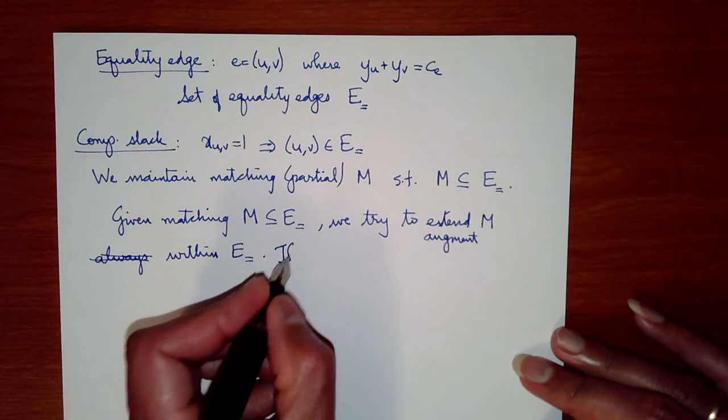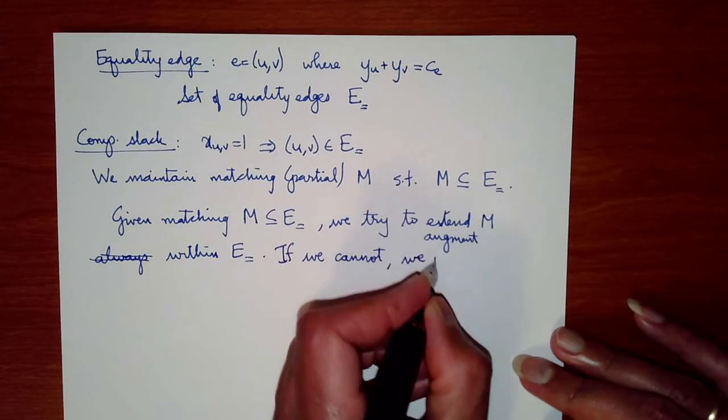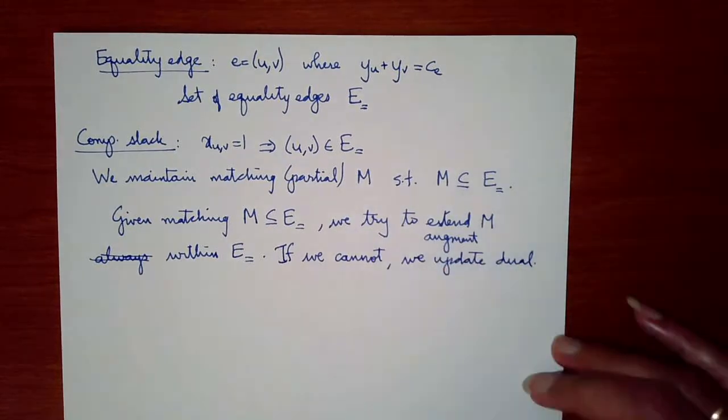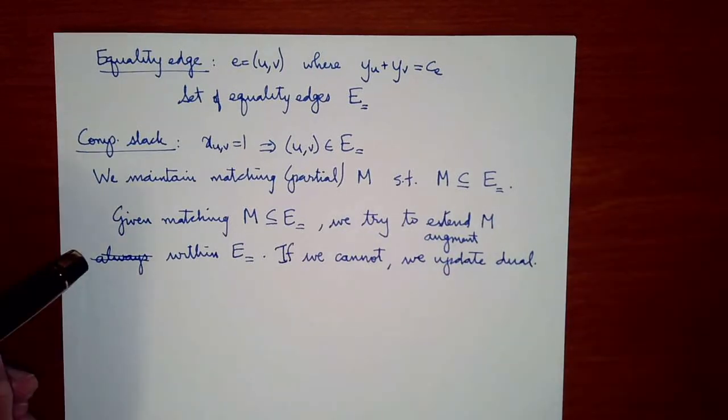If we cannot, we update the dual. And this is the whole primal dual schema summarized in two sentences.